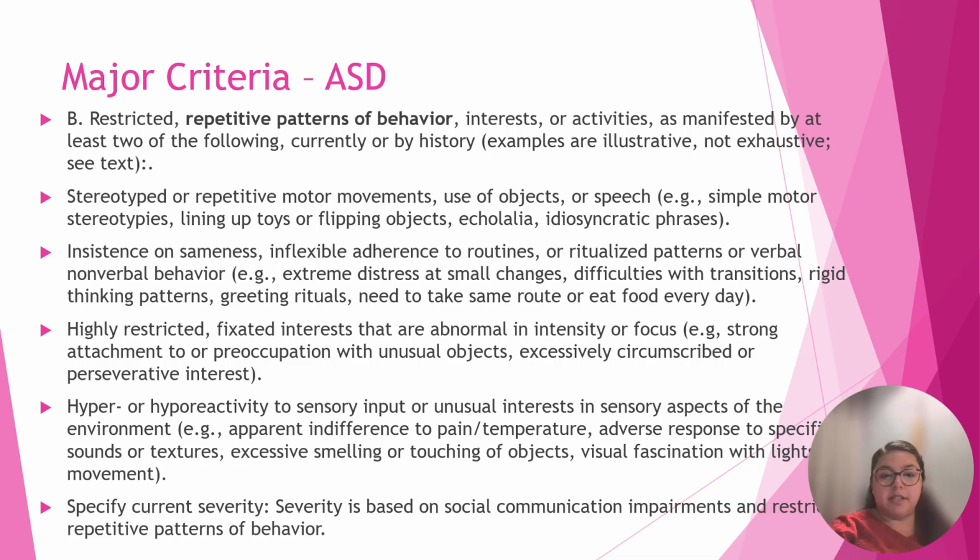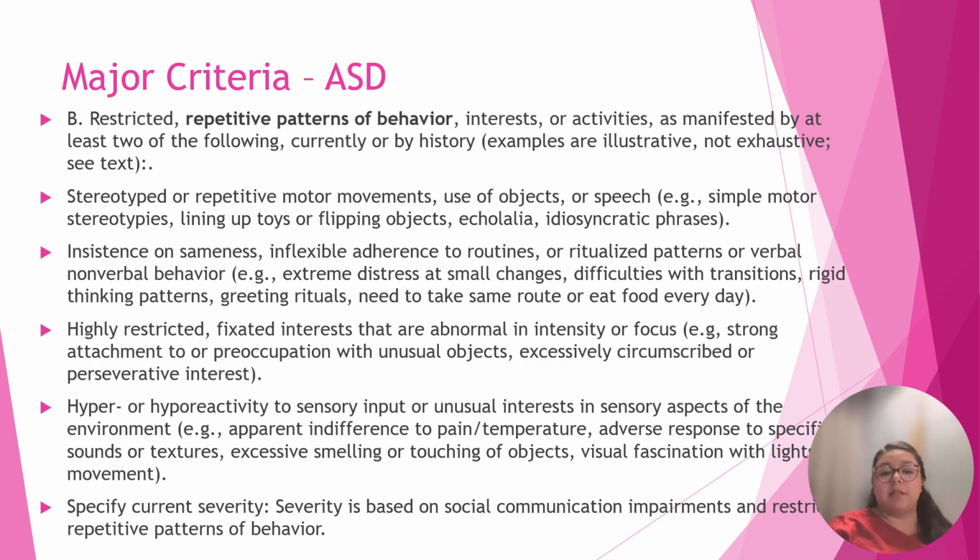All right, the major criteria again is criterion B. This is the restricted, repetitive patterns of behavior, interests, or activities, manifested by at least two of the following, currently or by history. Examples are illustrative but not exhaustive. So the examples are stereotyped or repetitive motor movements, use of objects, or speech.